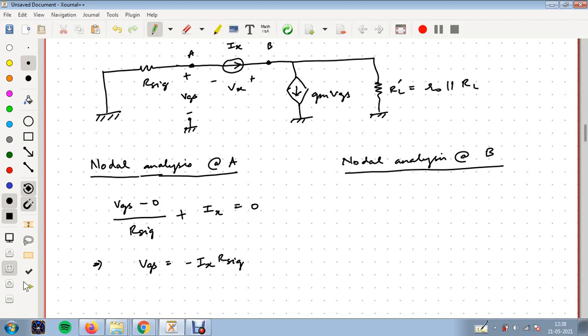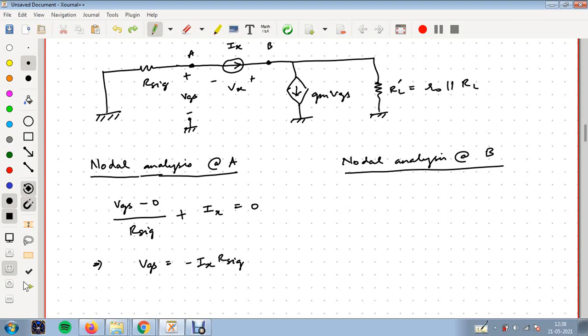So total voltage at point B would be VGS plus Vx. If you look at the polarity, they are additive. They don't subtract from each other.